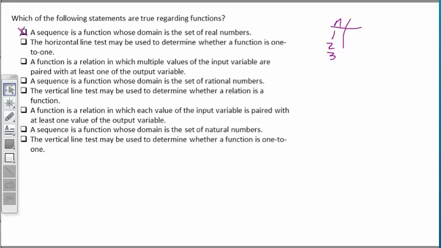Okay, on this next one it says, which of the following statements are true regarding functions? And it says, the horizontal line test may be used to determine whether a function is one-to-one. Is that true? Green check, false, red X. Okay, I got 8 responses now.